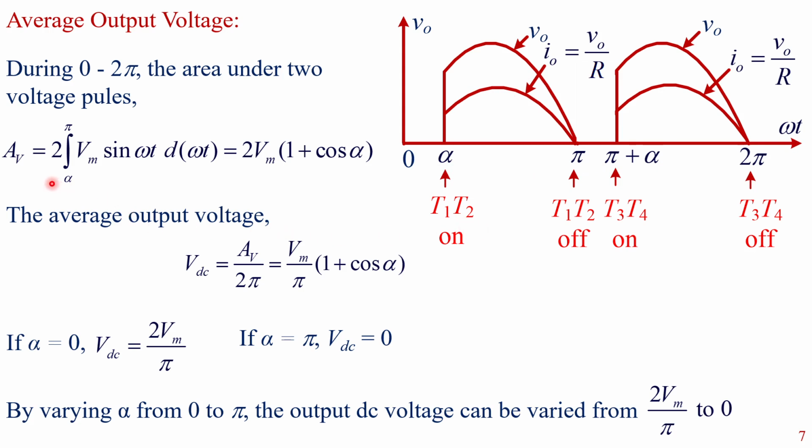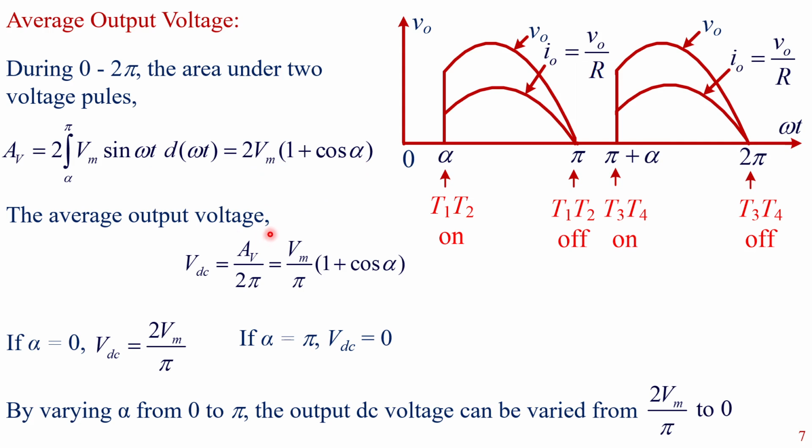So the limits for the integral are alpha to pi, and the voltage across load is varying as Vm sin omega t. So the area under two pulses can be given by this expression, and the final expression is 2 Vm times 1 plus cos alpha.